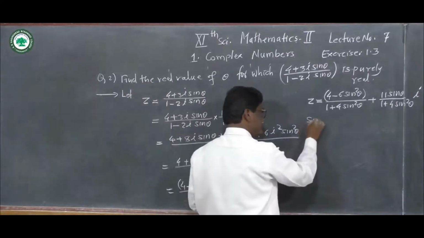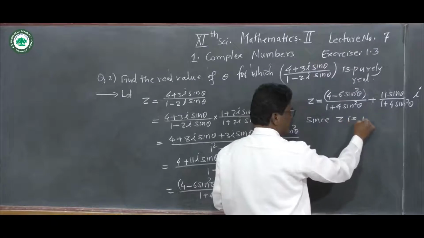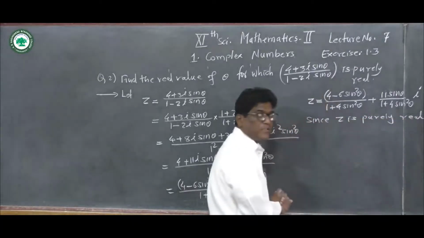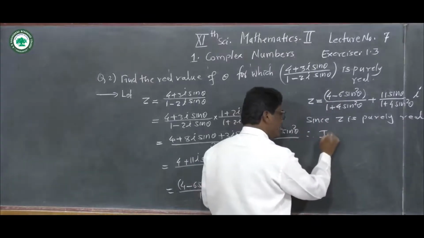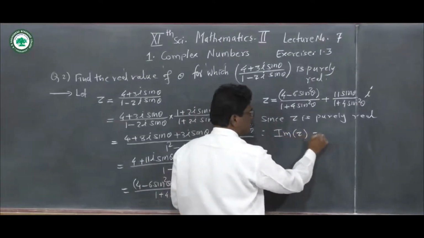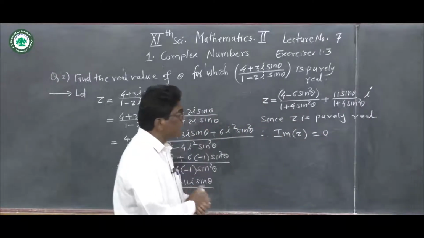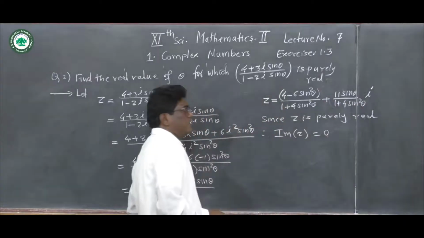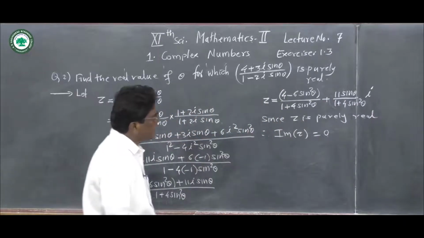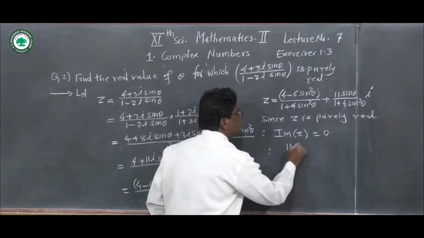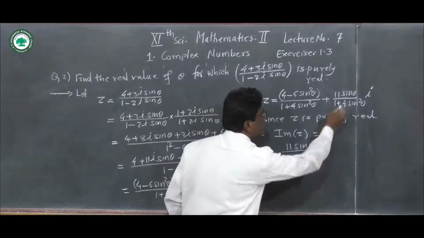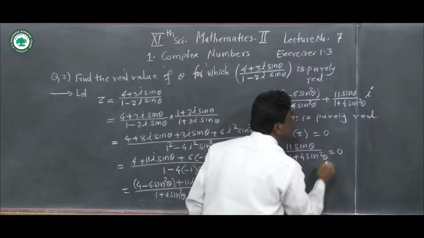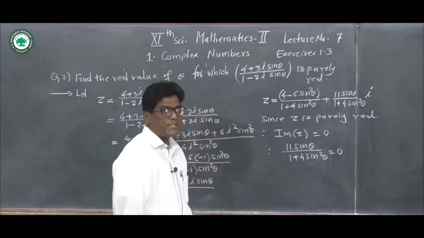So since z is purely real, therefore the imaginary part of this z is equal to 0. And this is the imaginary part, the coefficient of i, that is 11 sin theta divided by 1 plus 4 sin square theta, it should be 0, then this z is purely real.